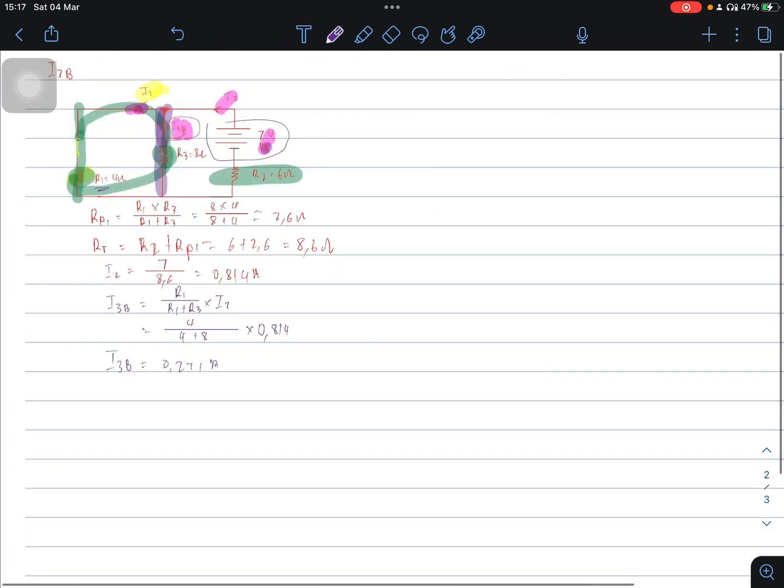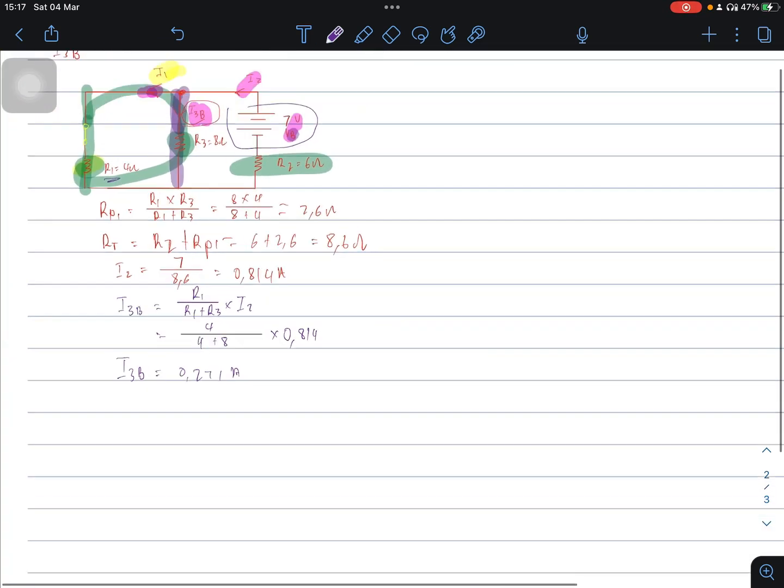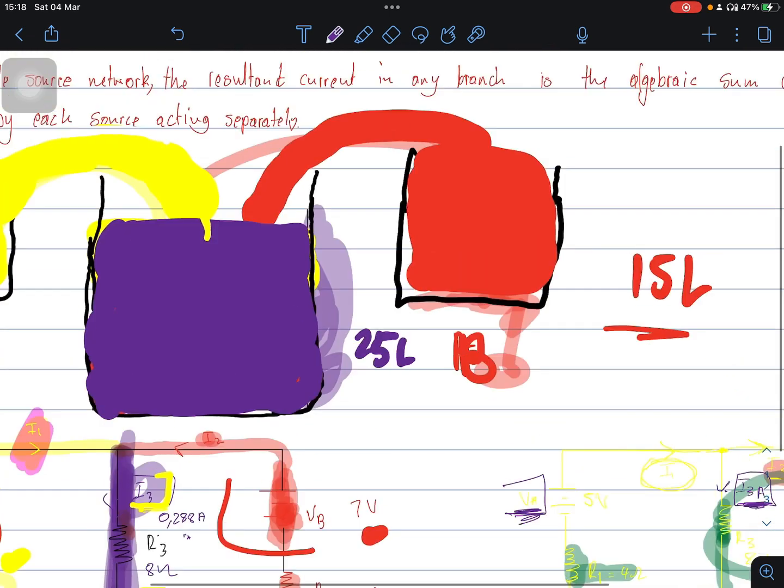Guys, we have found how much each source contributed to that branch current.